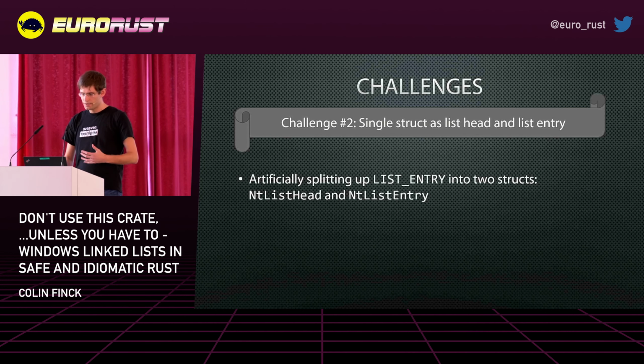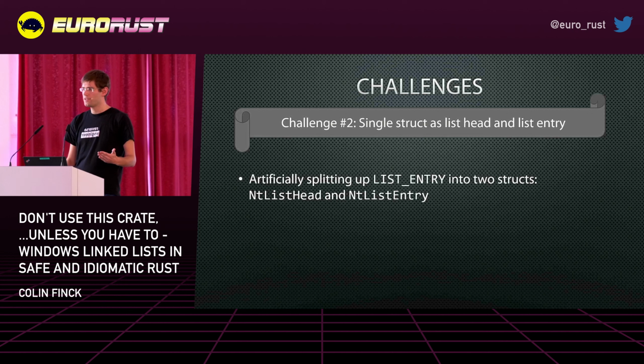So what I'm doing here is artificially splitting up the original list entry into a list head, which provides my methods, and a list entry, which I embed into my element structure. We can freely do that if we just keep the memory layout the same. So this is less of a hack than it might look.